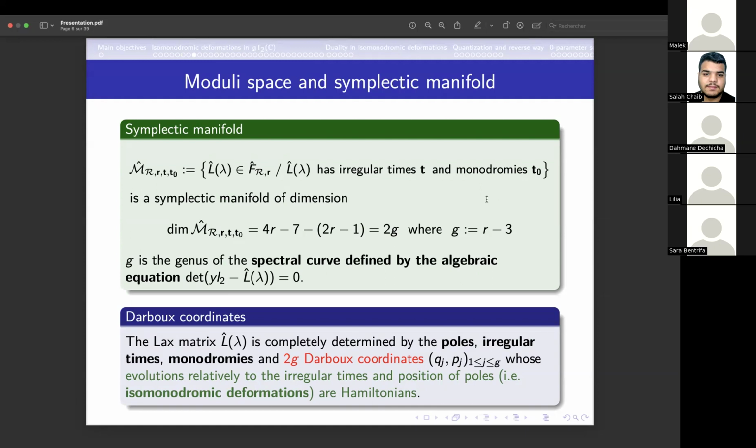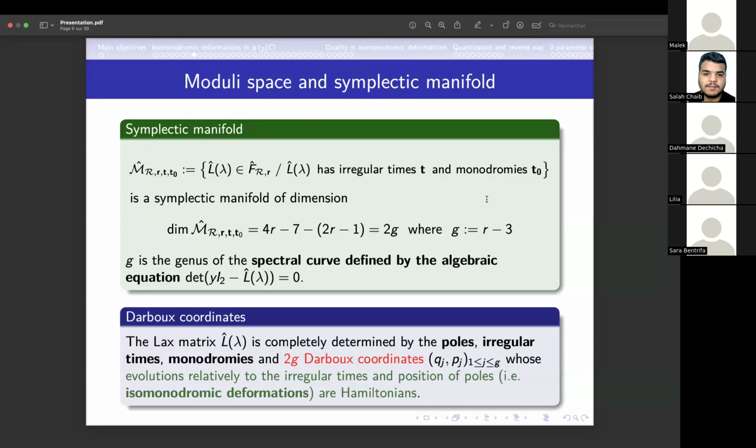So this moduli space is a symplectic manifold of a given dimension, and the dimension is 2g. So g is actually the genus of the spectral curve defined by the algebraic equation determinant of (y·I_2 − L(λ)). So it's a degree 2 curve, which is a double cover of the Riemann sphere.